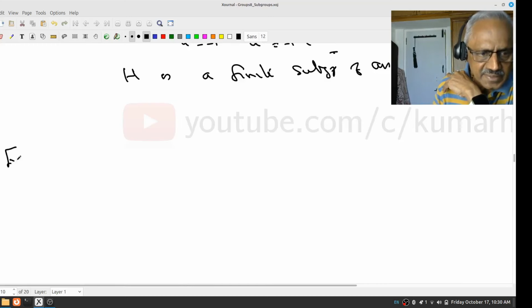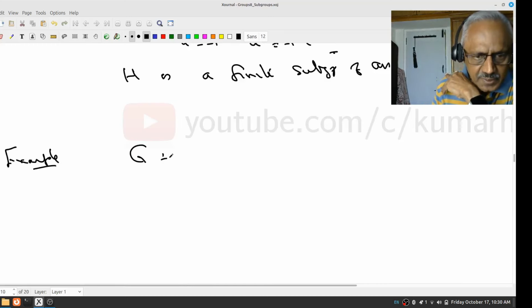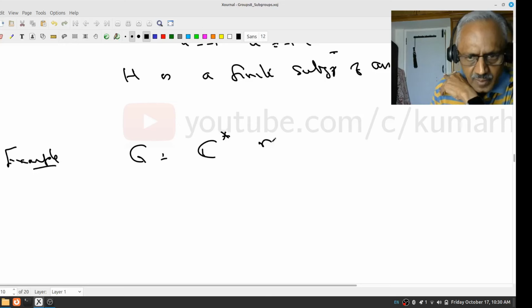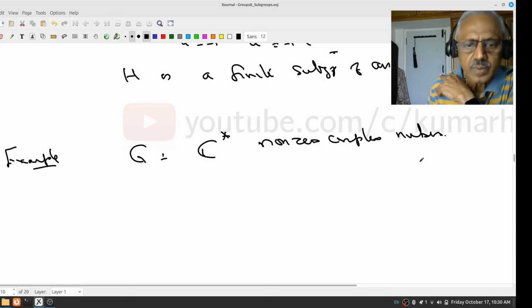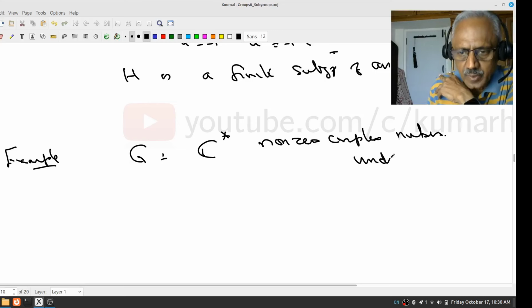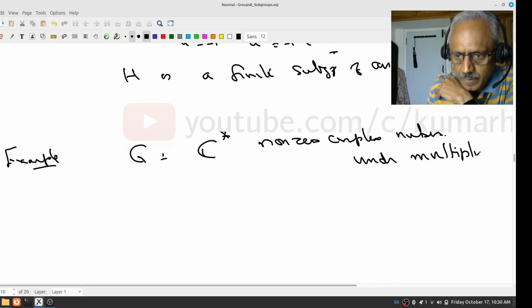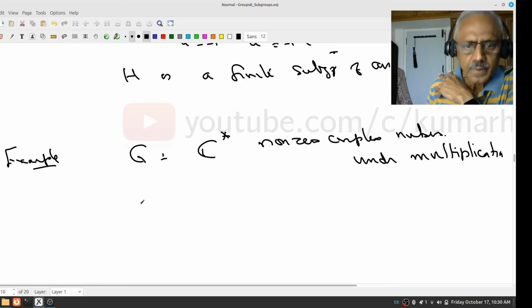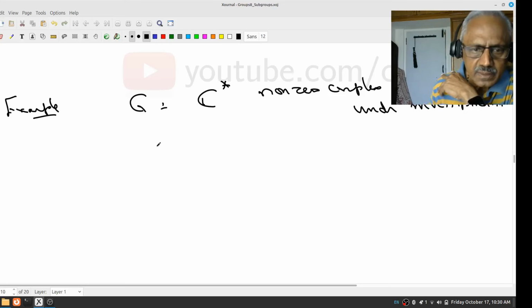We can generalize this example. Suppose my G is C star, non-zero complex numbers, under multiplication. Then we know this is a group and one is the identity.